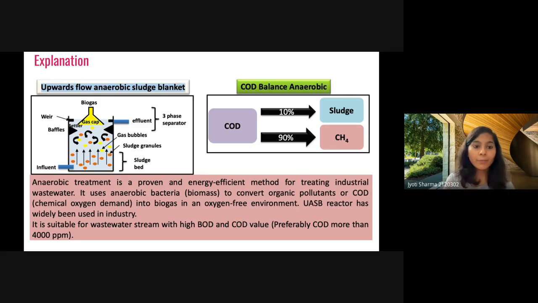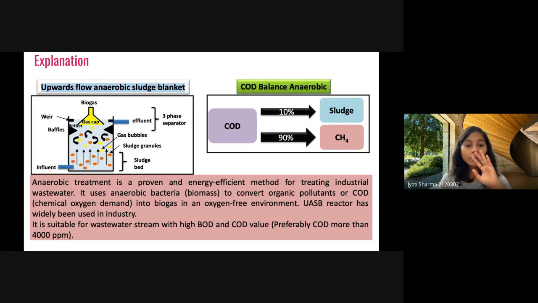Okay, then because this is anaerobic condition, we are not giving oxygen. We have the microorganisms that will survive in the absence of oxygen. So in the absence of oxygen, organic matter will be degraded. Whenever this happens, carbon dioxide or water will not be the end product, but there will be some biogases that will be removed.